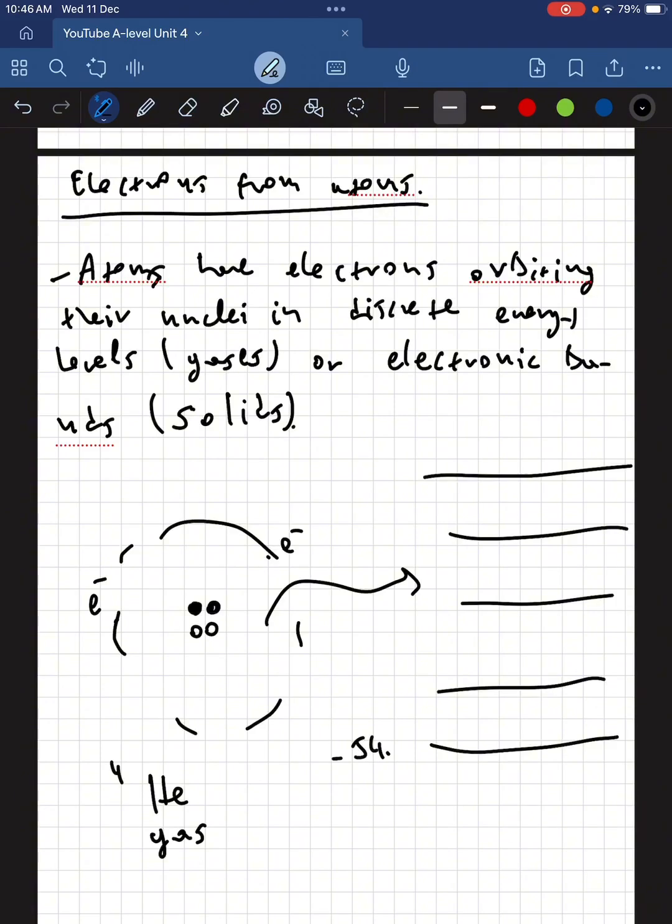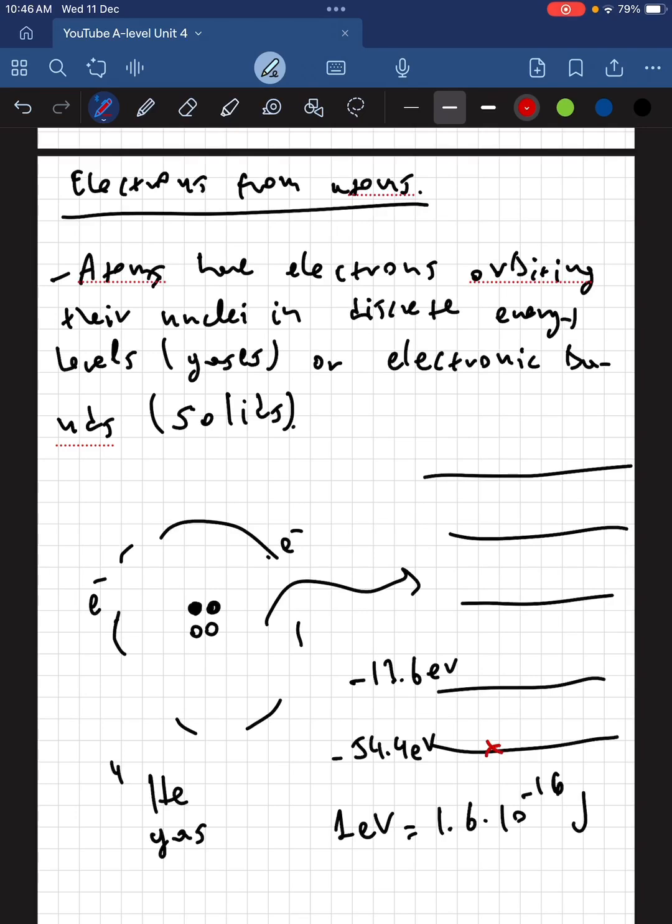Okay, so the values here are the energy of an electron in that discrete energy level, and the energy is in electron volts, and 1 electron volt is 1.6 times 10 to the negative 16 joules.